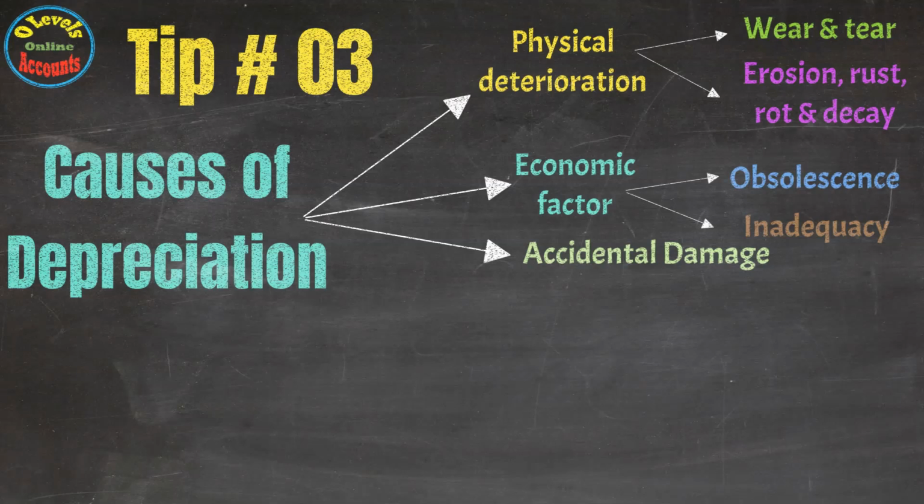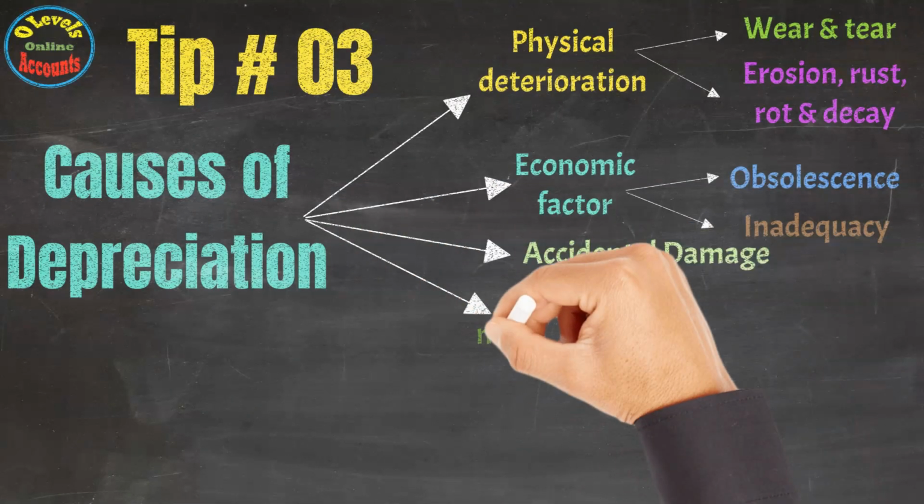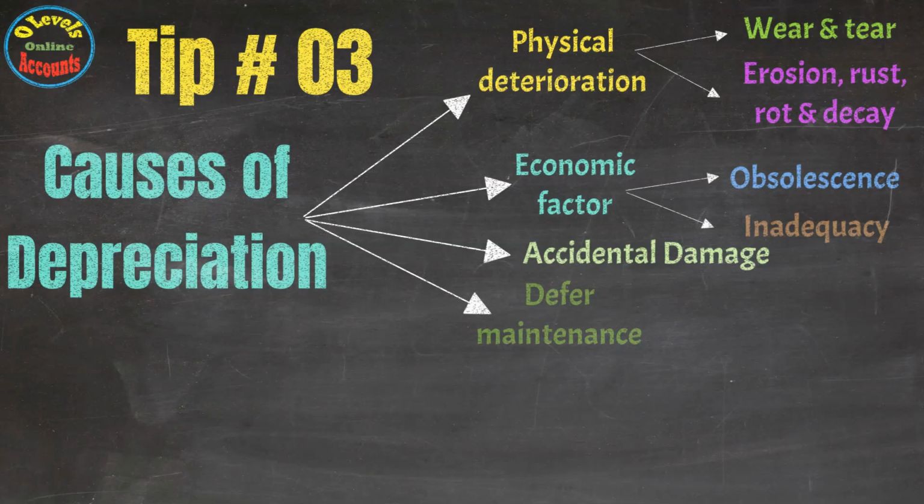Fourthly, deferred maintenance of fixed assets refers to the practice of postponing or delaying maintenance activities that are necessary to keep assets in optimal working condition. This postponement can be due to budget constraints, lack of resources, or other priorities. However, deferring maintenance can lead to various negative consequences over time.